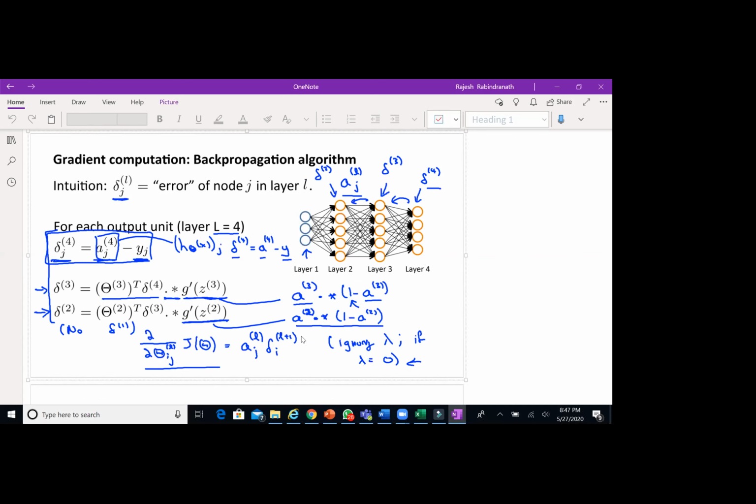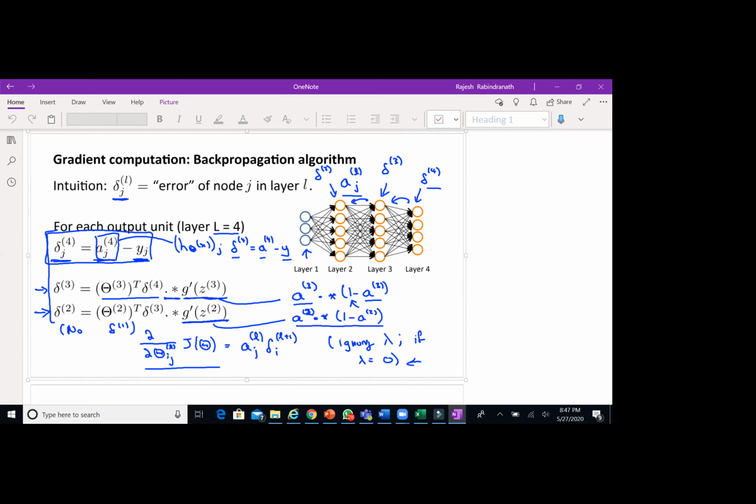It is a partial derivative of z3. So what does z3 represent? z3 represents the key input used to calculate a3. z3 is the key input that determines the value of a3.